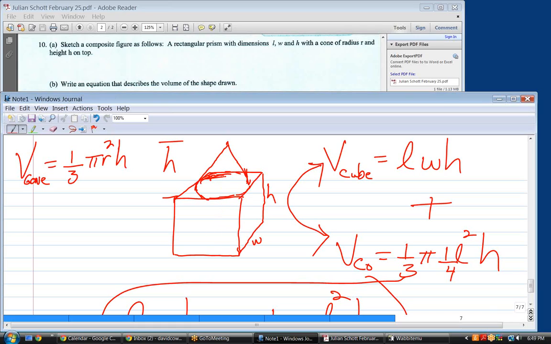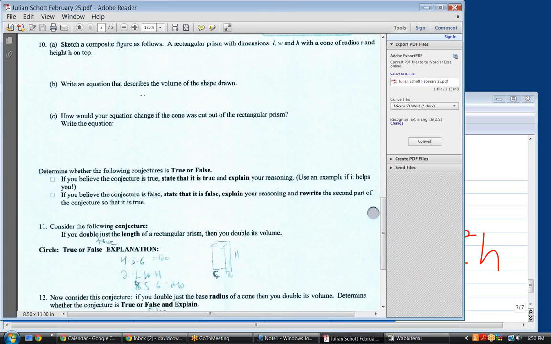There's nothing lost or added. In other words, I could take this cone, this little Hershey Kisses, and move it over to the left so that it's not on top of the cube. Yeah. And so the volume of the cube would just be LWH. Okay, so that's the answer to C.